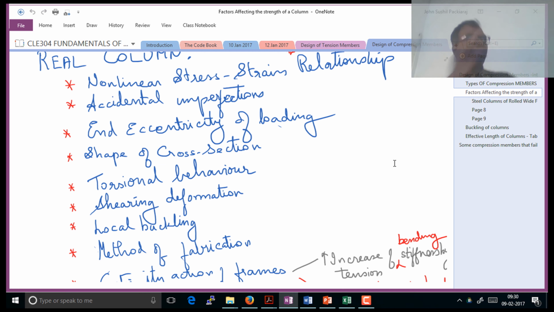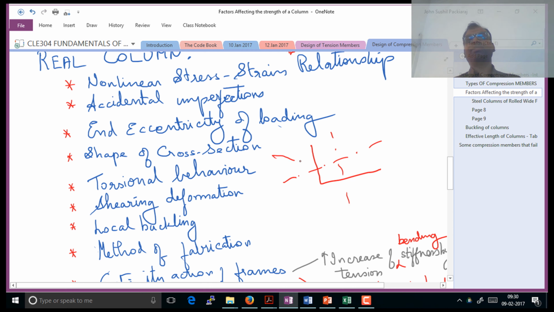Again, the shape of the cross section itself might be unsymmetrical. For example, you take this angle section. When you take this angle section, which is the axis of equal bending? If you look at the centroidal axis, it is here. Yeah, you have some other angle.